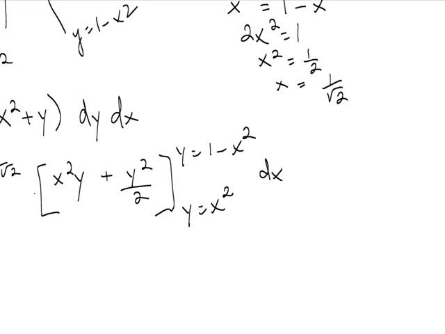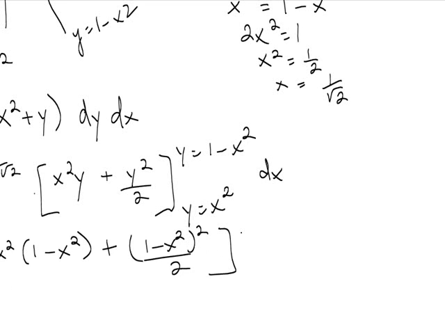Substitute 0 to 1 over square root 2. Okay, so put in one set of brackets, substitute 1 minus x squared here. So this becomes x squared times 1 minus x squared plus (1 minus x squared) squared over 2. So that's only when I substituted 1 minus x squared.